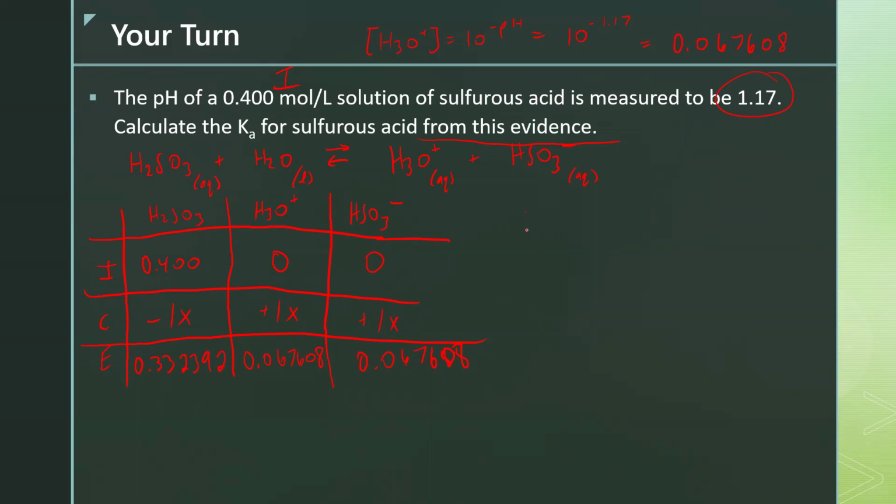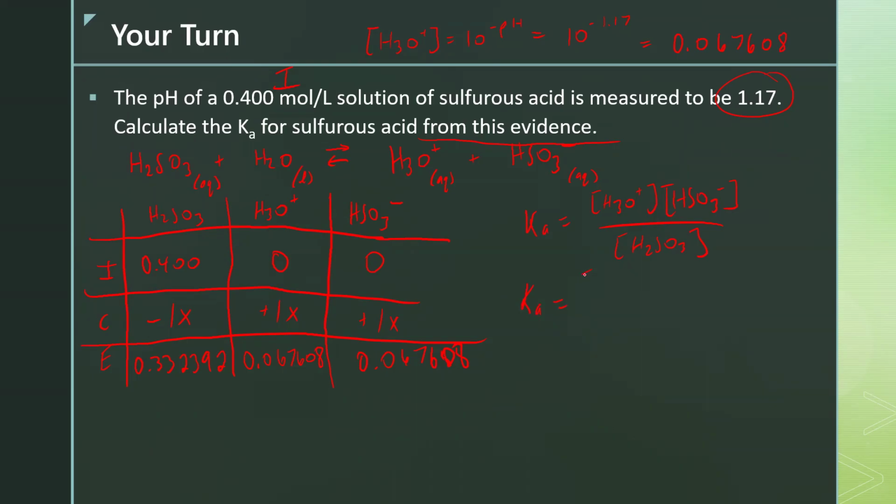Our formula for Ka in this case is our products over our reactants. So that's going to be our H3O positive concentration times our HSO3 negative concentration divided by our H2SO3 concentration. Notice we're leaving out water because it is a liquid. It is not technically the same state as those other things. Anyway, let's throw these things in.